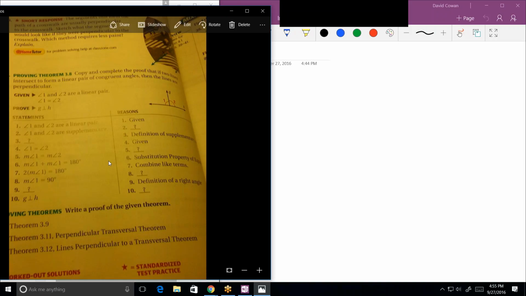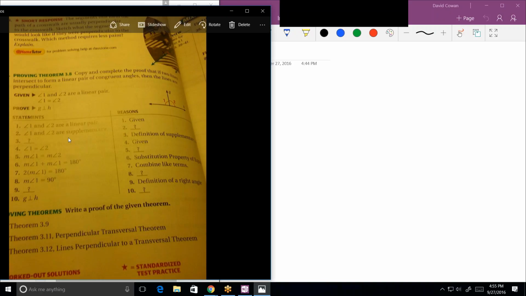Number 6, they give us both the statement and the reason. Substitution property of equality. Right. In other words, number 3 said the measurement of, hold on a minute. Seems to me that statement 6 says the same thing as what we had for number 3.